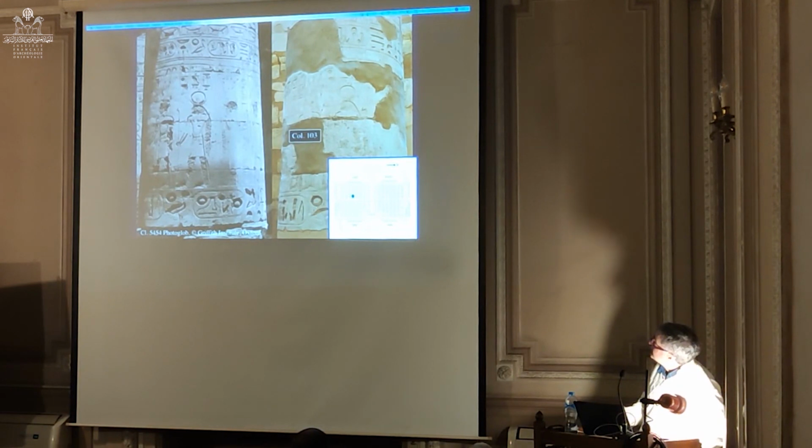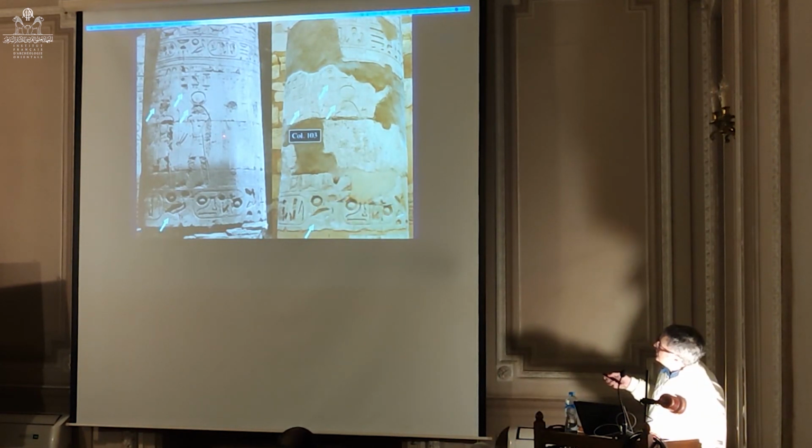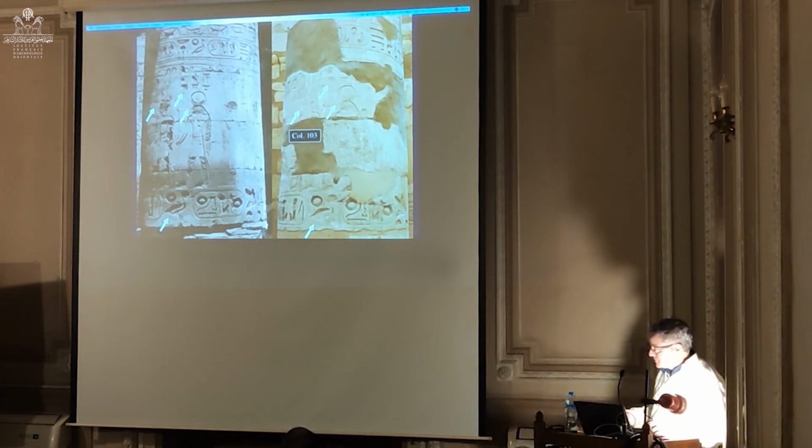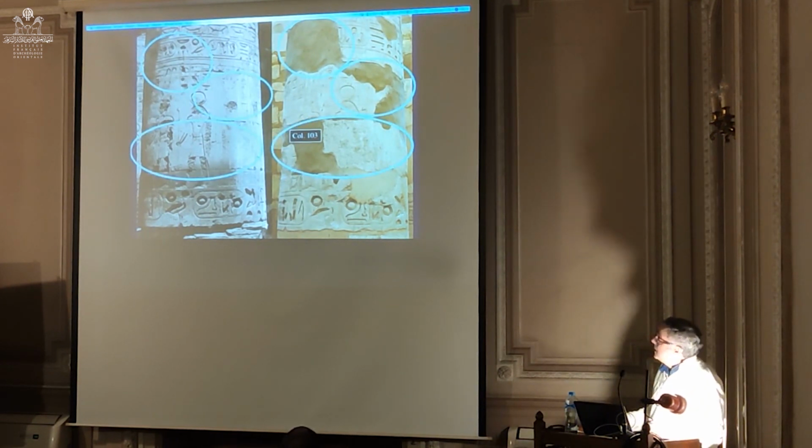What you see today. So you could really match those two pictures just by looking at the iconoclasm here and certain aspects where you see breaks over here. So again, the iconoclasm. So there's no doubt that these two pictures refer to the same column.